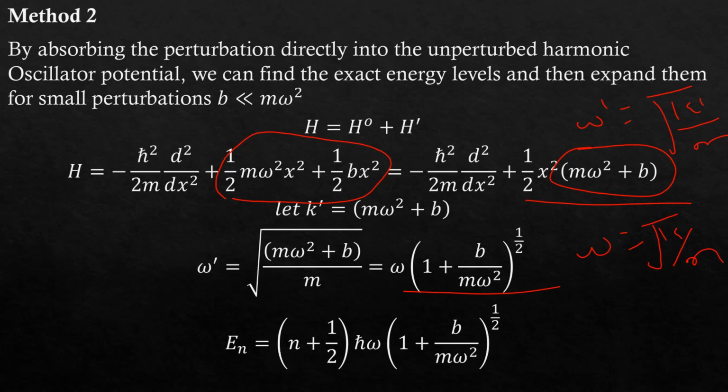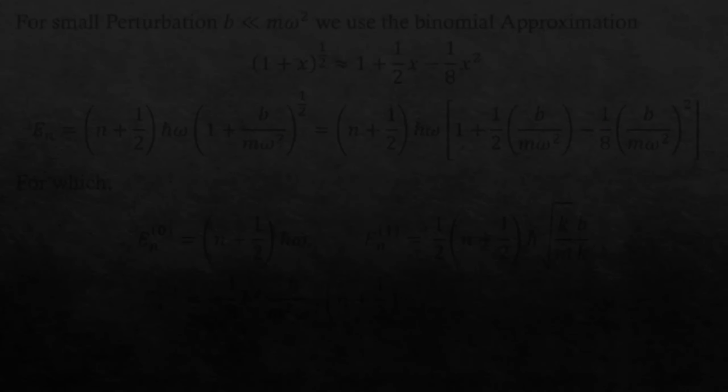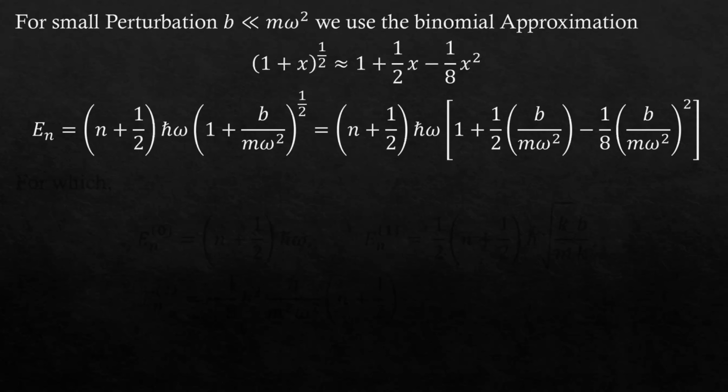There's a lot of algebra that I've skipped to get our eigenvalue En to be this for this particular method. So if this is our eigenvalue, expand this for small perturbation and use the binomial approximation.